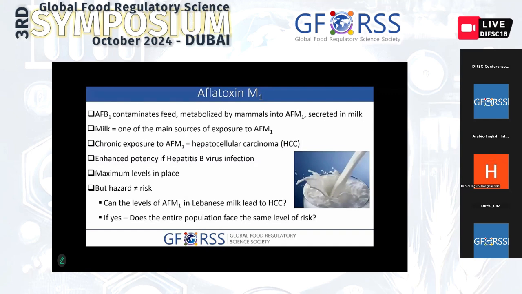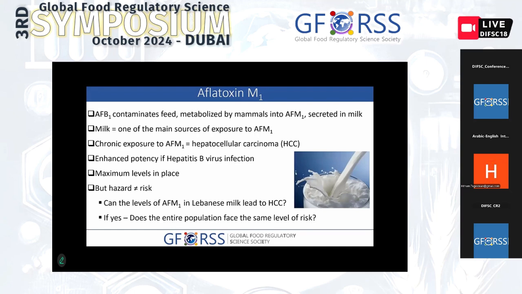So let's start by understanding what's wrong with AFM1. Aflatoxins are toxic secondary metabolites produced by some Aspergillus species which colonize crops, including many dietary staple foods and feed components. Among them, AFB1 is the most prevalent and the most toxic one.